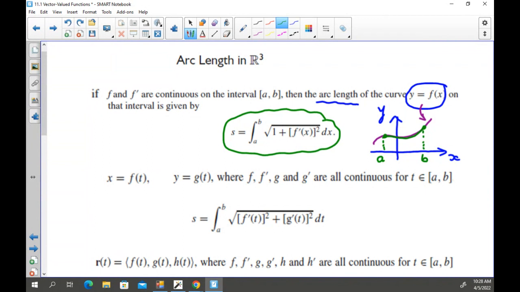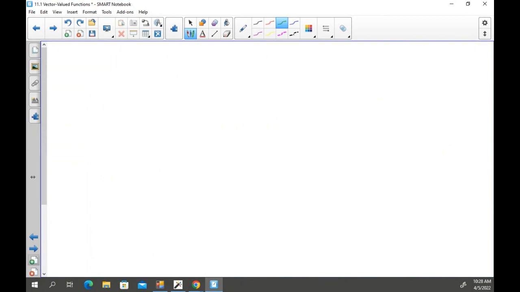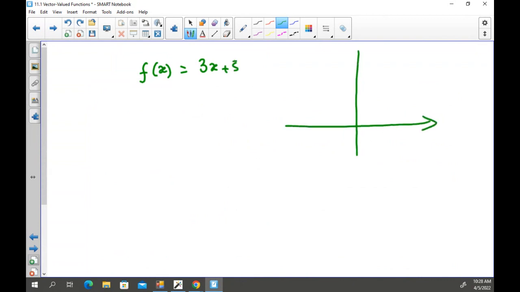Suppose you have the function f of x equal 3x plus 5. What is the graph of this function, by the way? It's a line, yeah? It's a line like this, goes through 5.